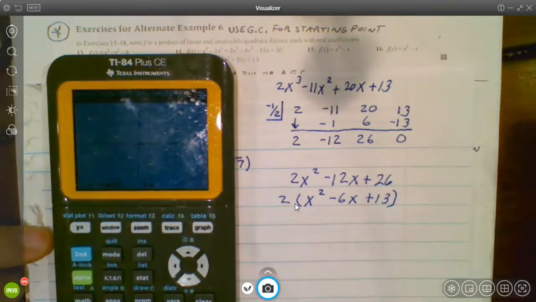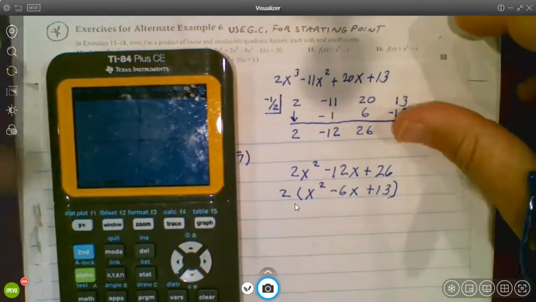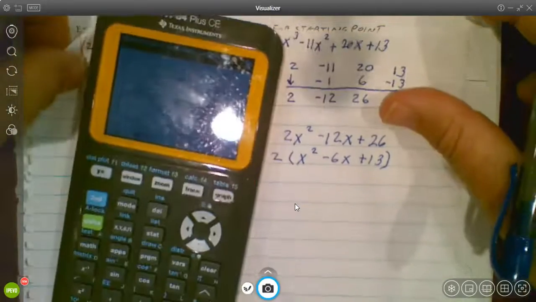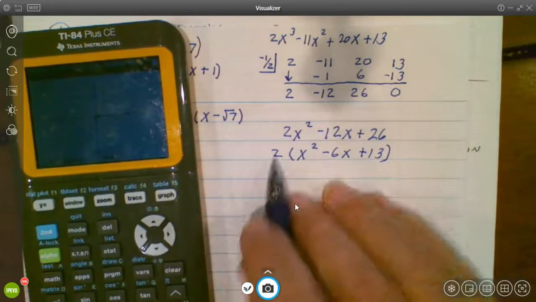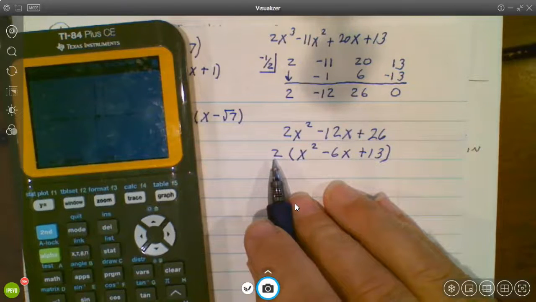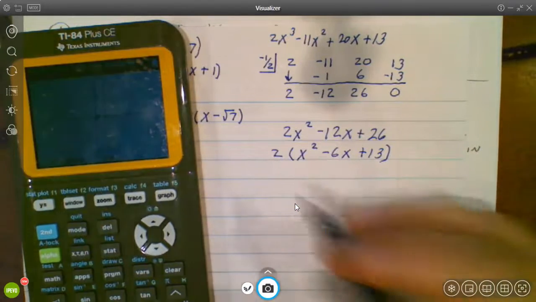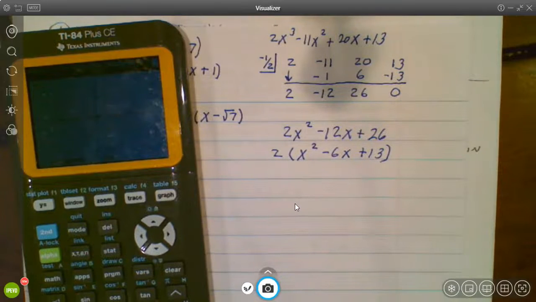Makes life way easier for factoring if you can do something like that. Something that you ran into in Algebra 2 last year is, when do I keep this and when do I get rid of it? And here's the answer. If you are only writing factors, keep it. If you are finding the zeros, you can get rid of it.